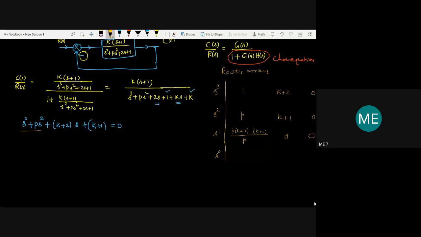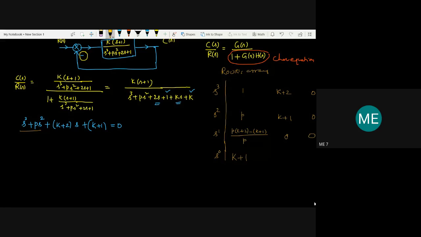Next, the s to the power of 0 term: this into this minus p into 0 is 0, so this into this divided by this, we will get k plus 1.